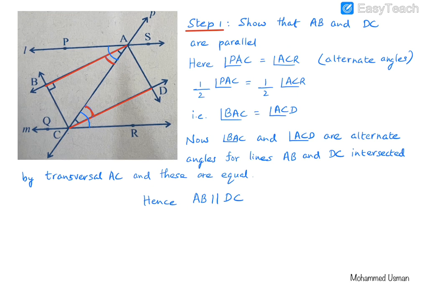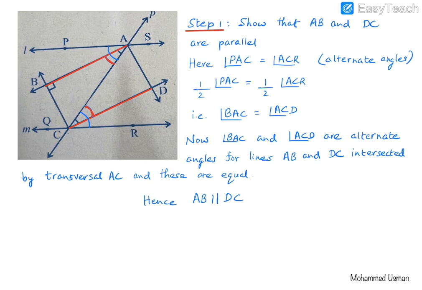When two lines intersected by a transversal have alternate angles equal, that can be true only when those two lines are parallel to each other. So since these alternate angles, BAC and ACD, are equal, it implies that the line AB and the line DC are parallel to each other. So we have proven the first step, that the line AB and the line DC are parallel to each other.